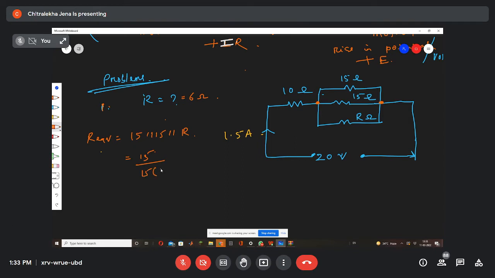Sorry, 7.5 R. Then what you have done? It is in series with 10 ohm. Yes, very good. And then, ma'am, the whole circuit's resistance is 40 by 3 ohm, plus 10 ohm.